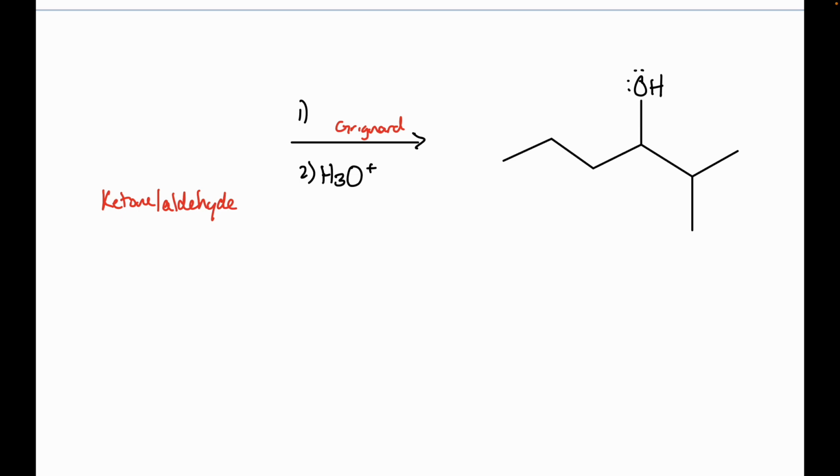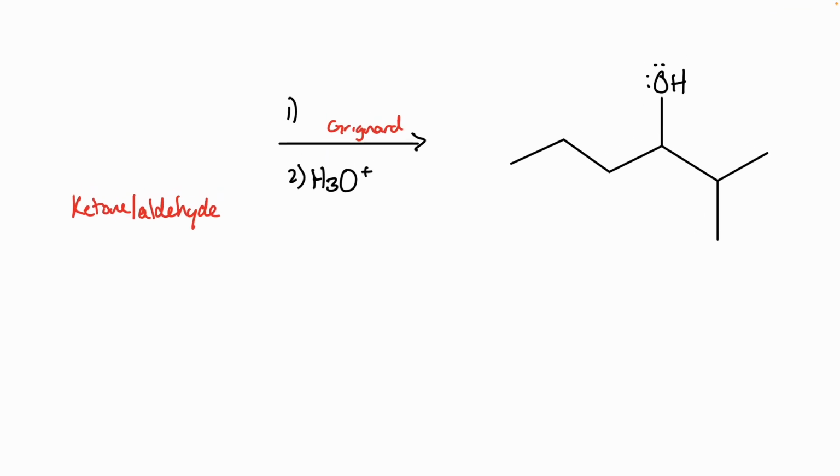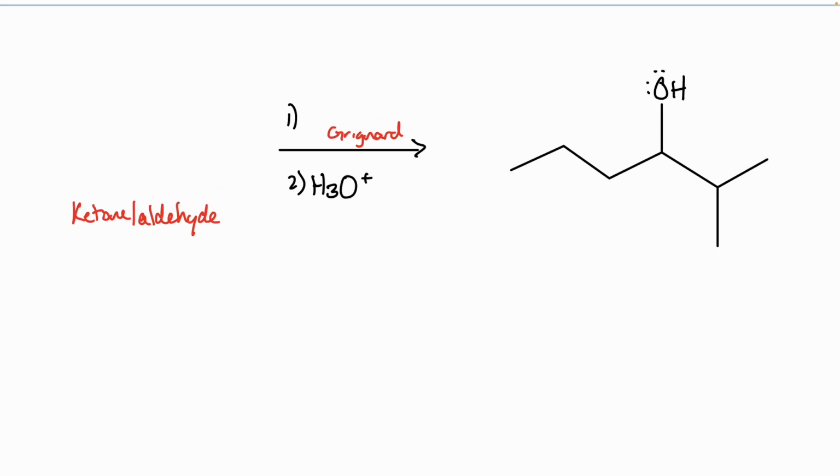There's actually two answers here. You could just give me one of them. But what would be our ketone or aldehyde, and what Grignard reagent will we use to create the following alcohols?